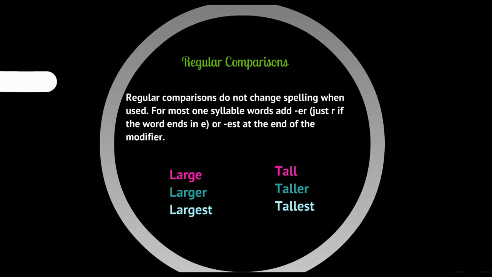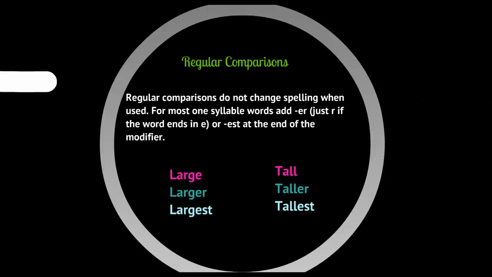First thing you need to know when we're making regular comparisons, we can just slightly change some of the lettering, some of the spelling of the words. Notice regular comparisons do not change spelling when used. For most one-syllable words, add ER.